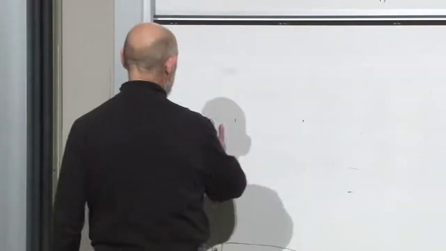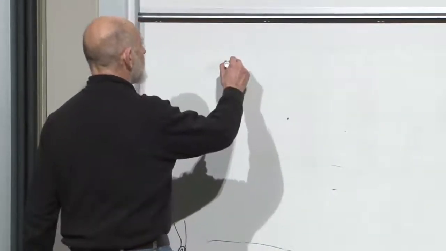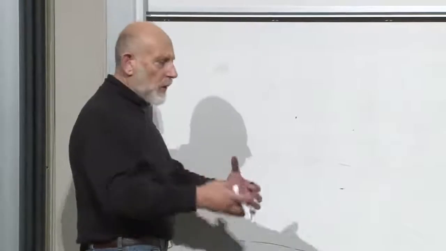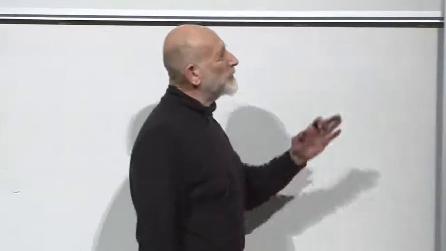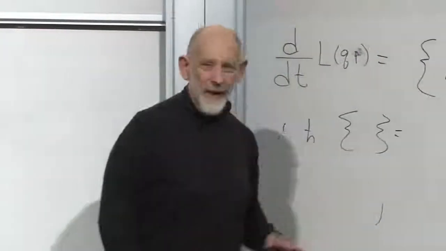Okay, let me remind you about Poisson brackets. First of all, if I have two quantities, let's just call them L and H. They don't have to be the Hamiltonian or anything special.